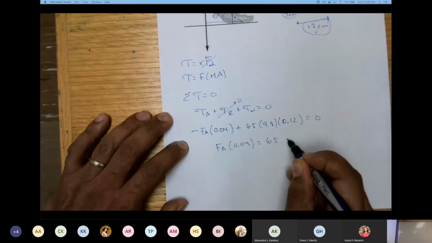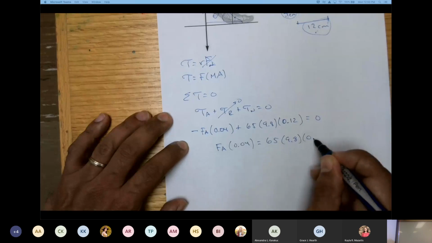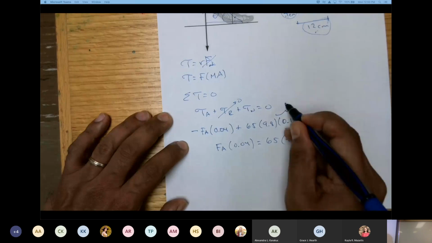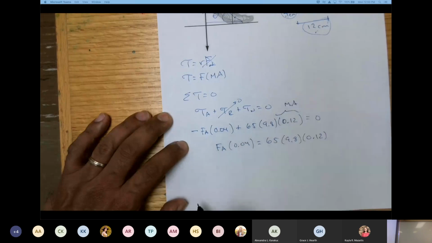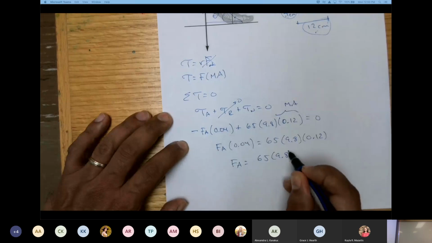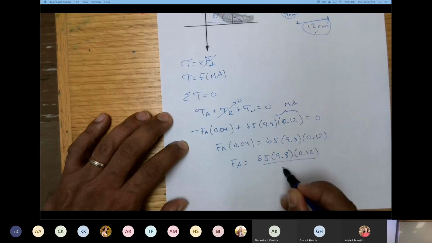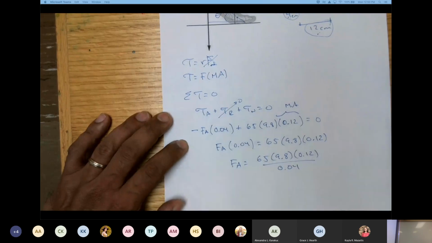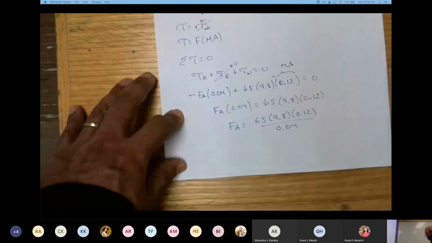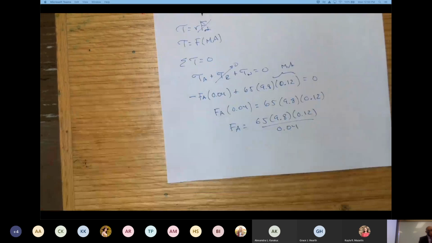And here I'm just going to do a little bit of algebra. So, the torque of the weight of the person, that's the normal force.